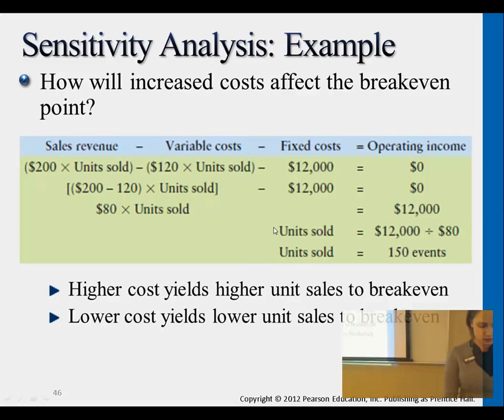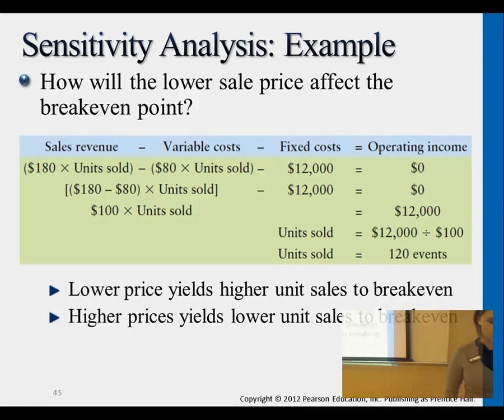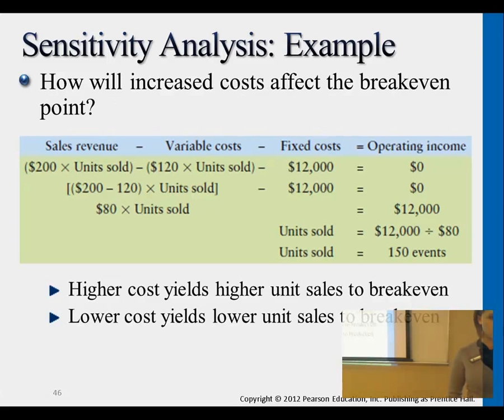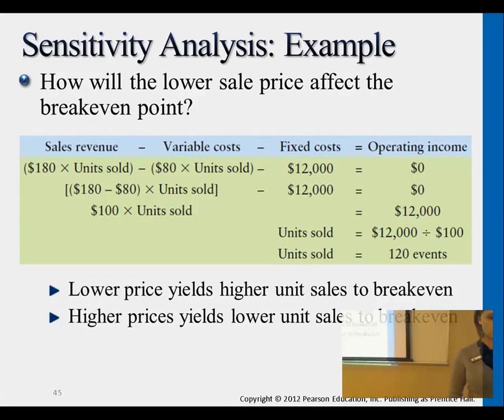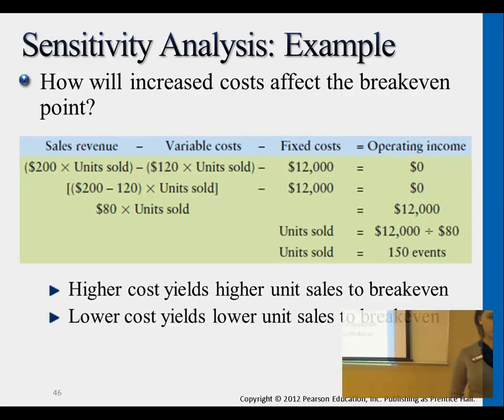Do you see how our variable cost was 80 and now it's 120? What this is practically showing you is that an increase in cost is going to raise the break-even point, and a decrease in variable cost would have the opposite effect. So look at this.